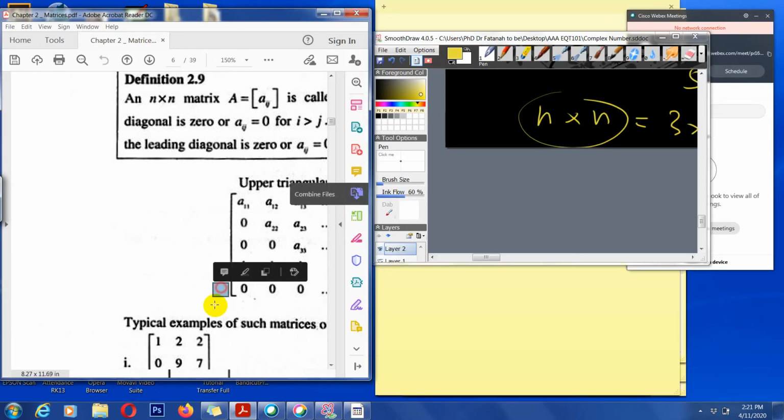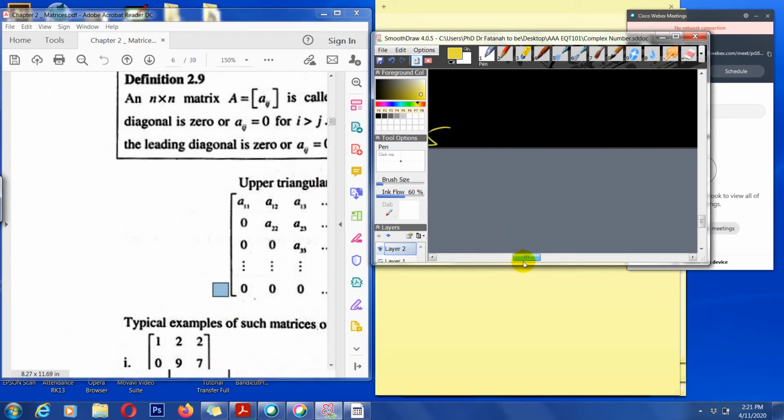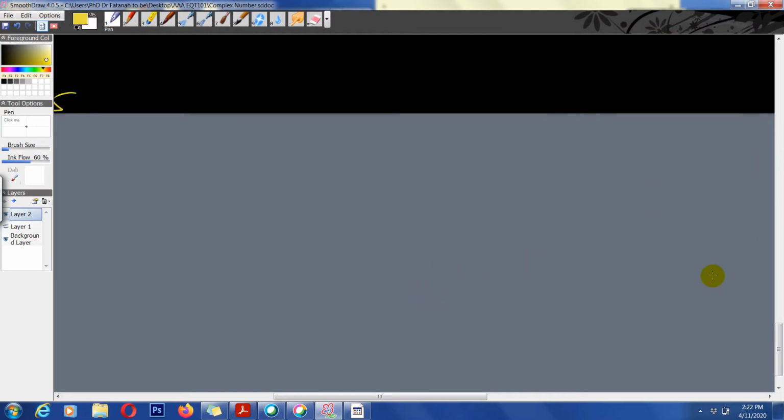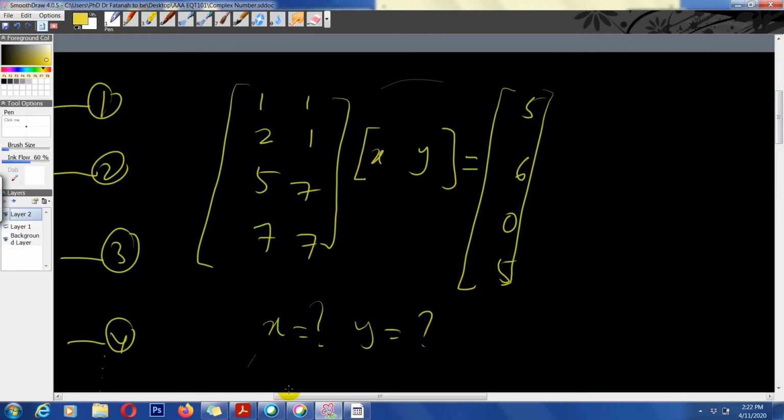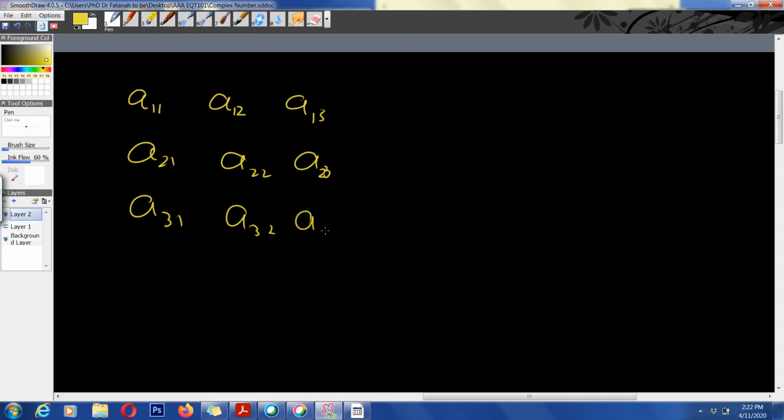Let's say we have a matrix like this: A11, A12, A13, A21, A22, A23, A31, A32, A33.